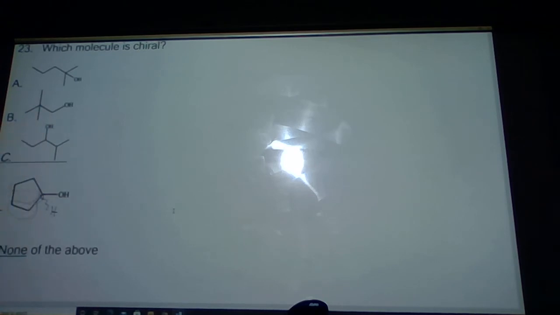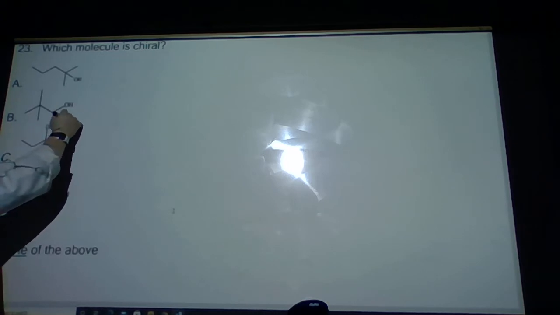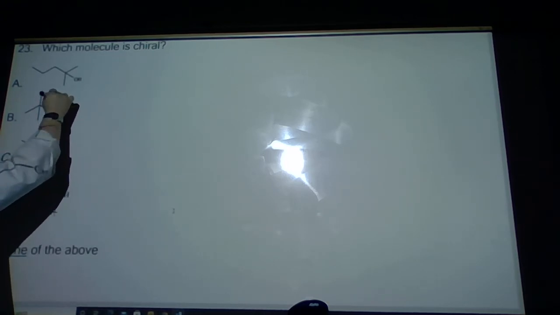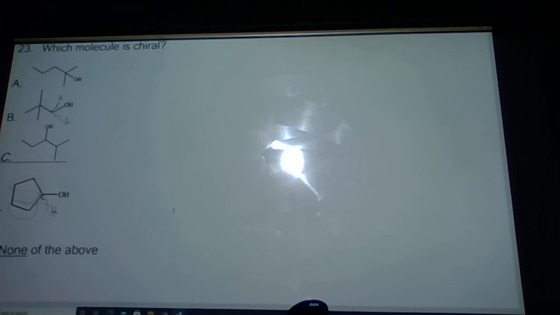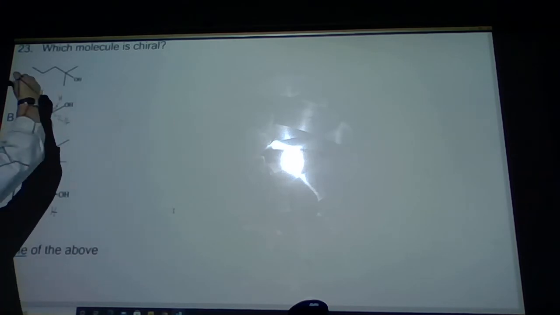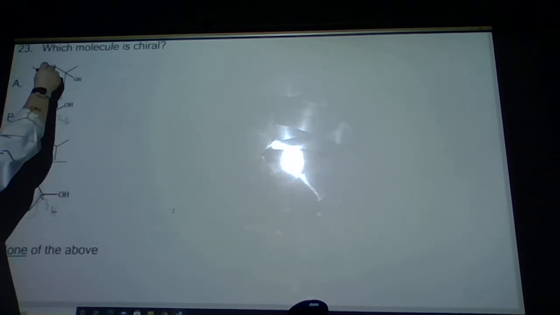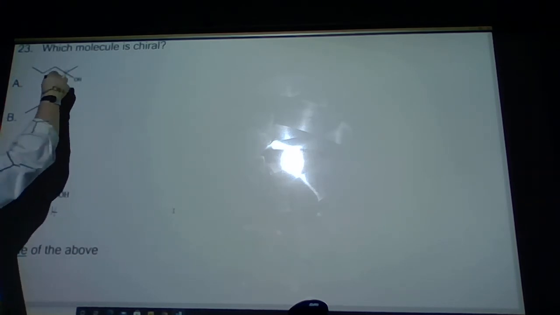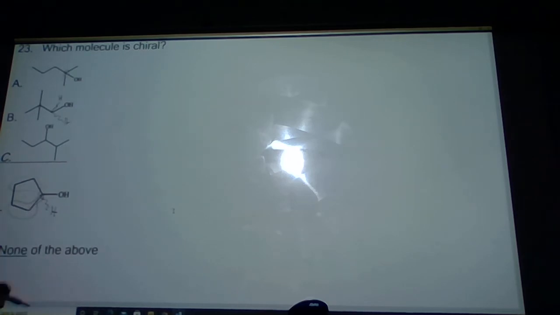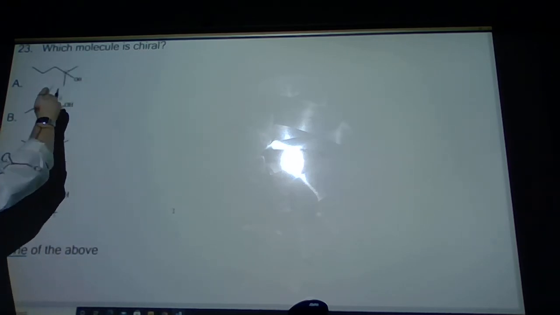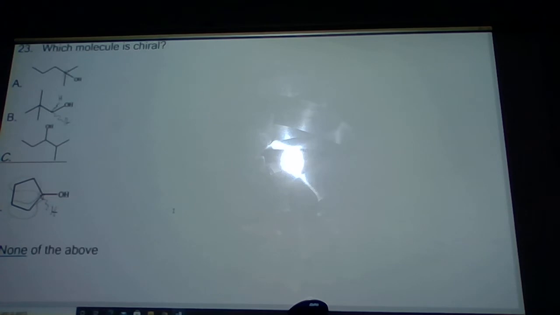This carbon has 3 identical things to it. That carbon is not chiral. Hydrogen, hydrogen. That carbon is not chiral because it has 2 hydrogens attached to it, which are identical. CH3, CH2, CH2. This carbon is not chiral because it has 2 identical CH3s attached to it.